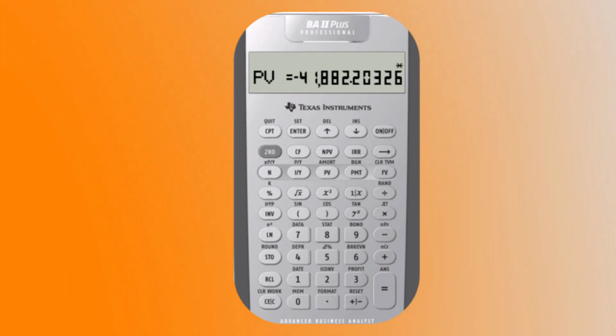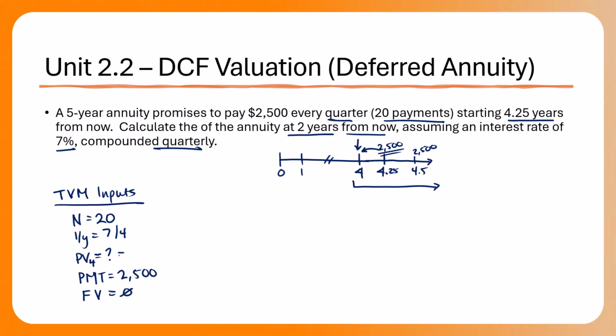So the present value at the end of year 4 of these quarterly payments is $41,882.20.